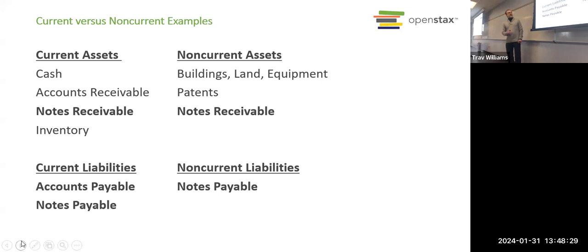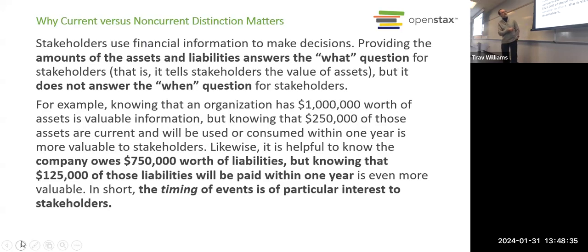All right. So we know current versus non-current, right? And we know it applies to assets and liabilities. All right. Why does it matter? So it matters because investors, if they're investing in a company, want to know not only the assets of the company, but they want to know how much of those assets are liquid.